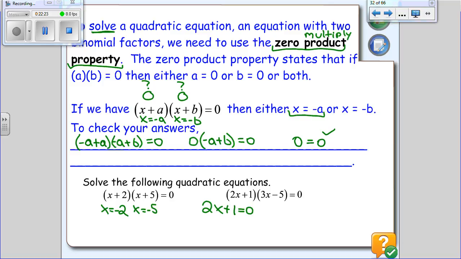So I have 2x equals negative 1. I'm going to divide both sides by 2. So that x equals negative 1 half. That's going to be my first answer from my first binomial.